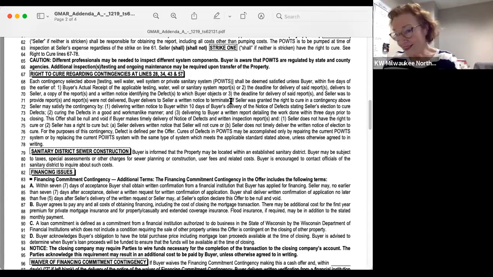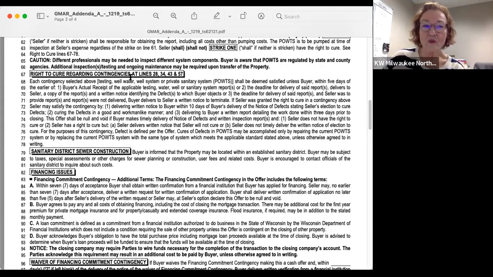So if he didn't get the reports, the buyer can terminate with a written notice, or if the buyer decides to send a notice with the reports that he objects to it, a notice of defect, or the date has come and gone. I can help you with these if you have a specific situation, ironing these all out, and so can Steph.